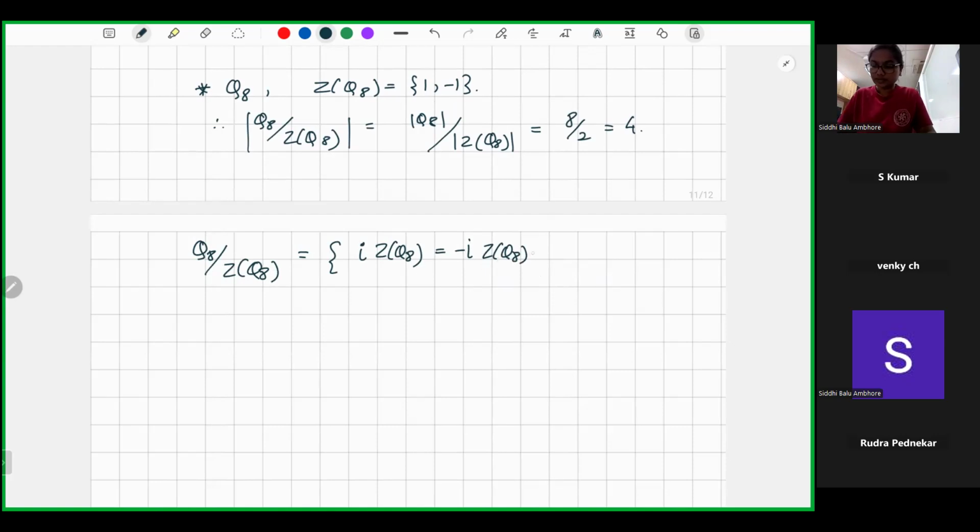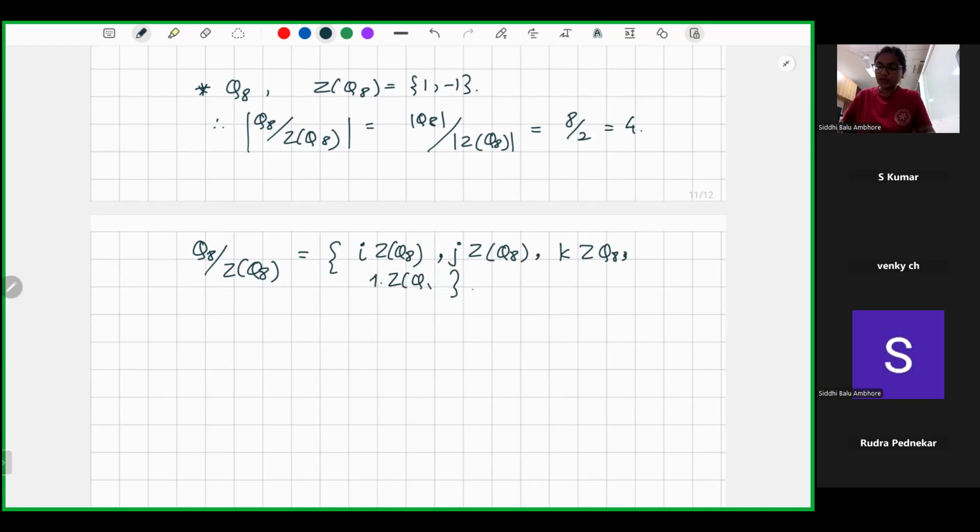So it has I ZQ8, and the other elements are J ZQ8, K ZQ8, and ZQ8, which is my identity.